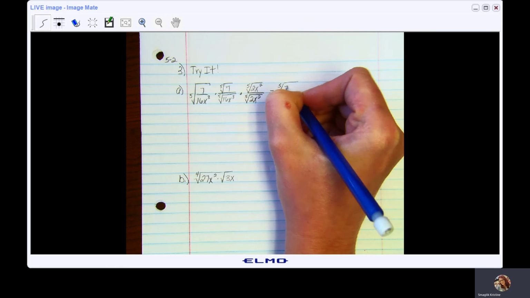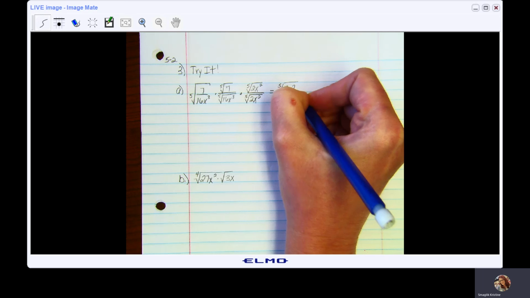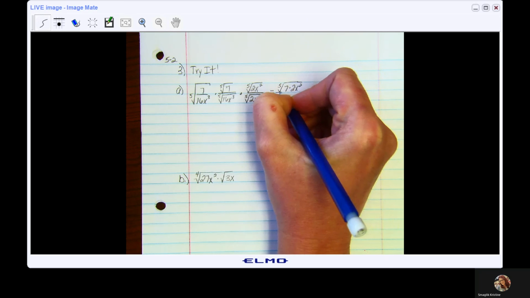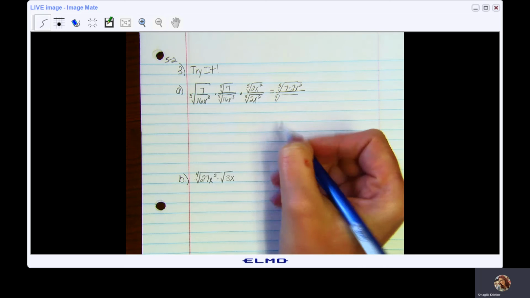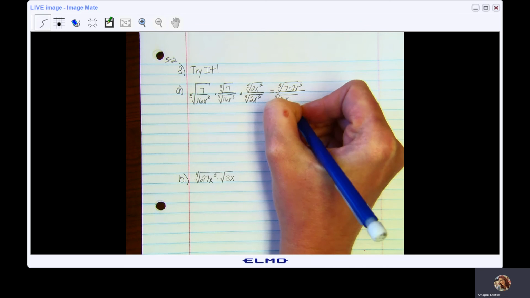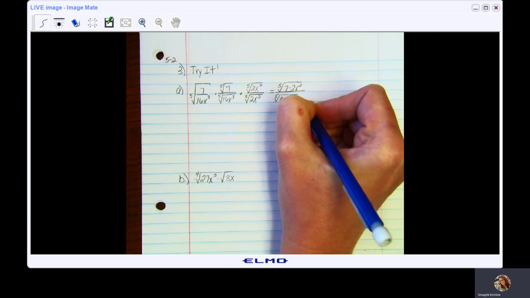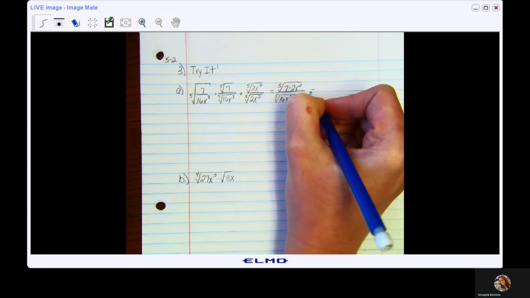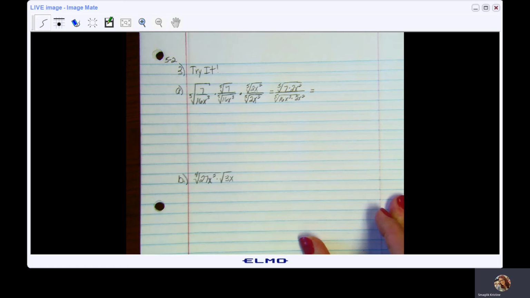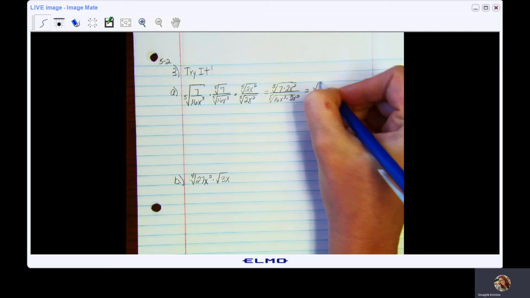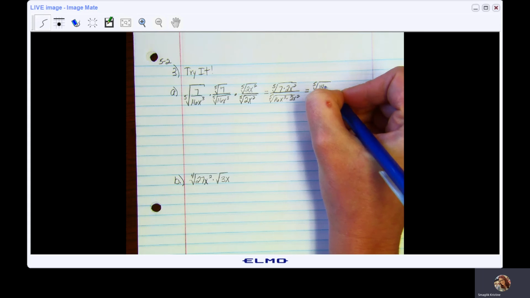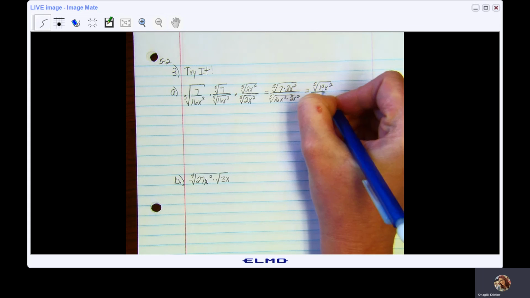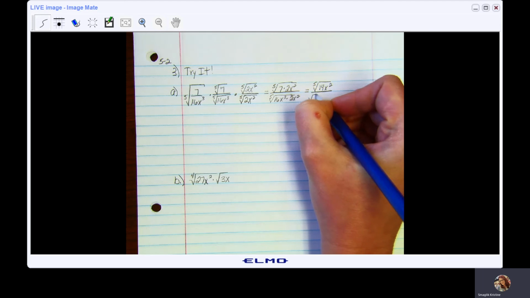So I have the 5th root of 7 times 2x squared, all over, and in my denominator, I get the 5th root of 16x cubed times 2x squared. And now let's just keep cleaning this up. 7 times 2 is 14. I get 14x squared all over the 5th root.